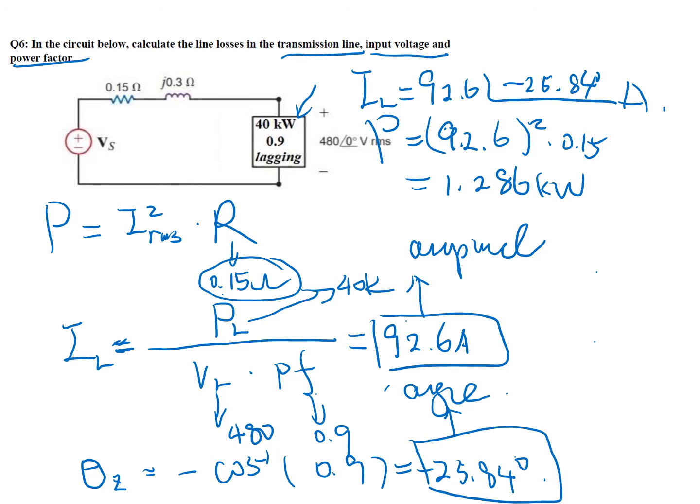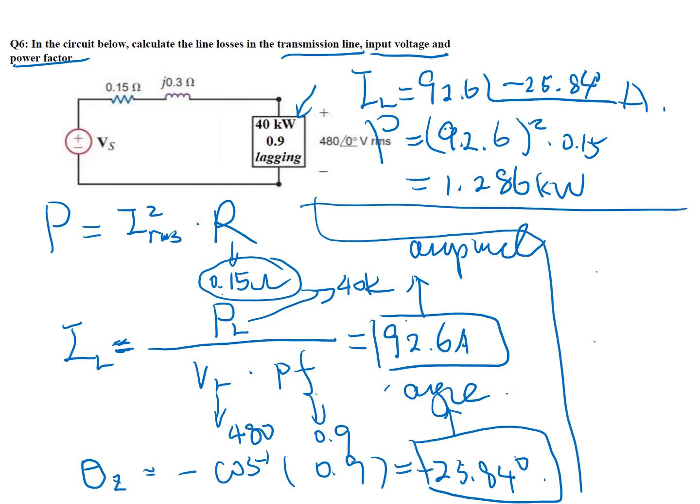Now we need to calculate the input voltage. The input voltage, Vs, provides voltage to both the line and the load.